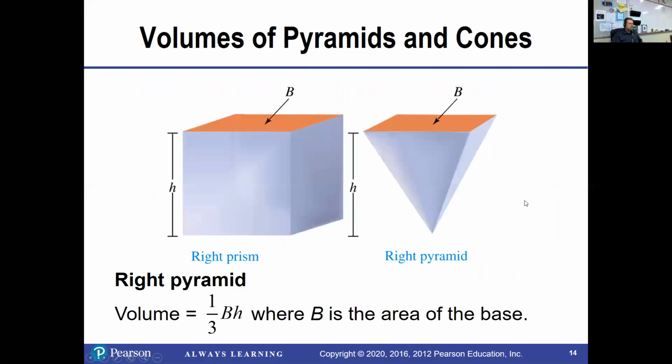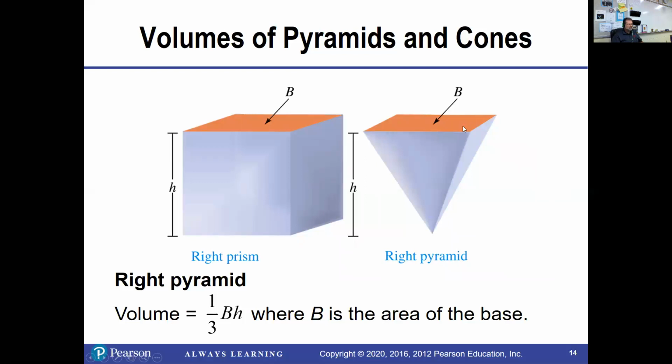Okay? All right, now, how do I deal with volumes of pyramids and cones? Well, if you look at a prism compared to a cone, the volume is essentially, as long as it's a right pyramid, a third of the prism. So you would find the volume of a pyramid, which is usually pretty easy.